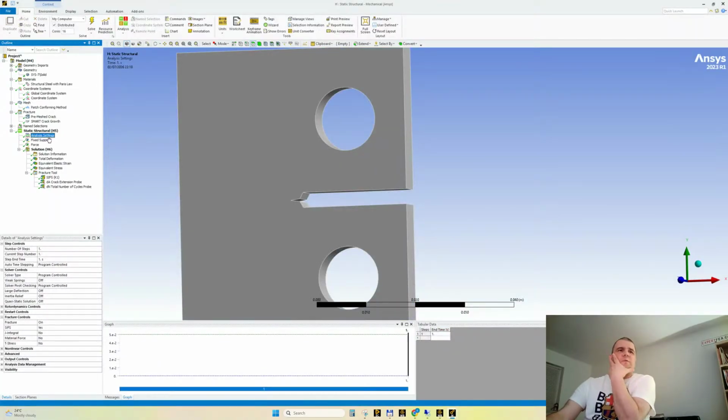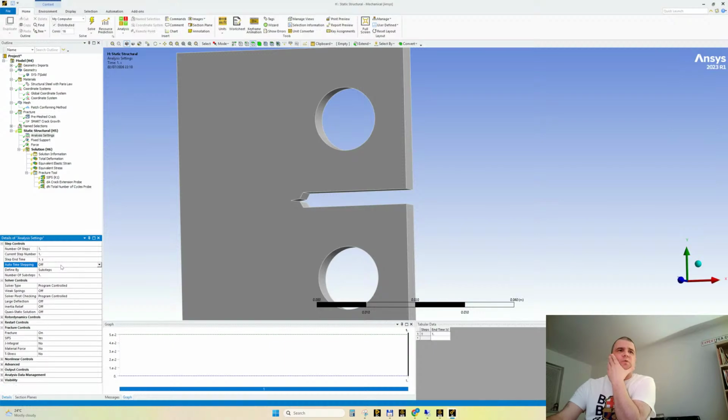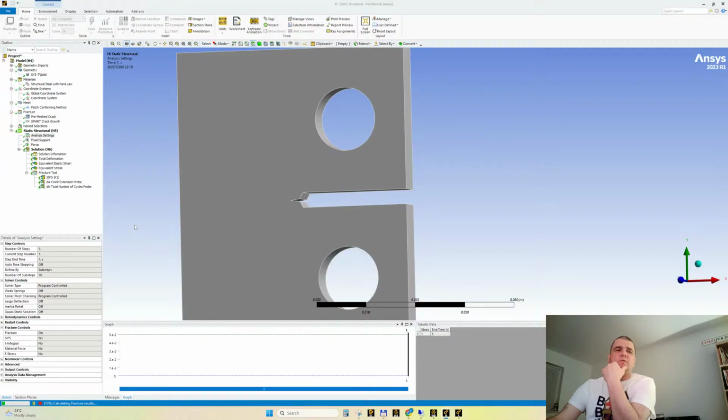What I was also doing in the past, here I was changing to off and 10 substeps. Let's see if it works. Even though normally nothing is changed, I'm showing you all the options. Oh yes, so this was, yeah, a small trick.